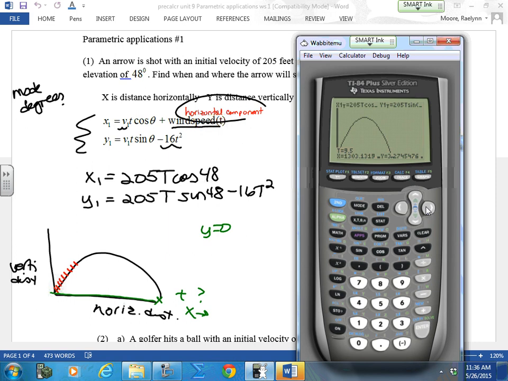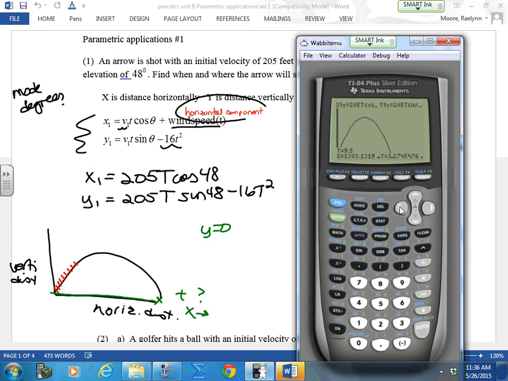I'm sorry, at 9.5 seconds, I'm still above the ground, barely. At 10, I'm way below the ground. So I'm going to back it up 1. I know I have to be after 9.5. I want to hit my first negative value if I can't find 0, because if I didn't hit 0, I didn't hit the ground yet.